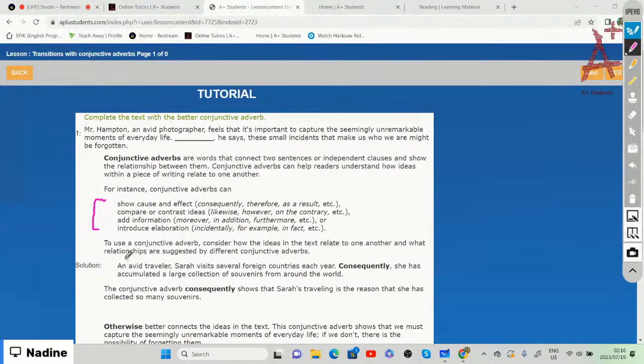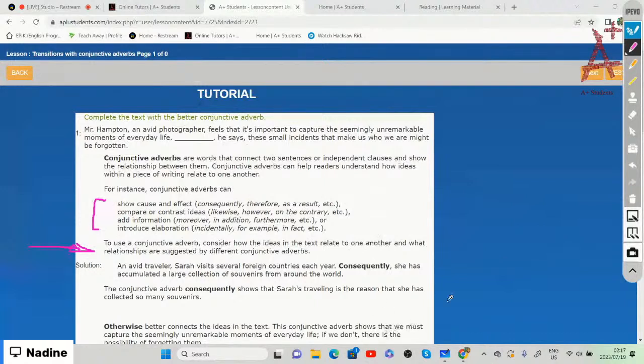And remember, in order for you to use a conjunctive adverb, you need to consider how the ideas within the text relate to one another. That is why, in order for you to compare and contrast and use words like likewise, however, or on the contrary, you need to ask yourself, how are these ideas relating to one another? What are the relationships that are being suggested by the different conjunctive adverbs?